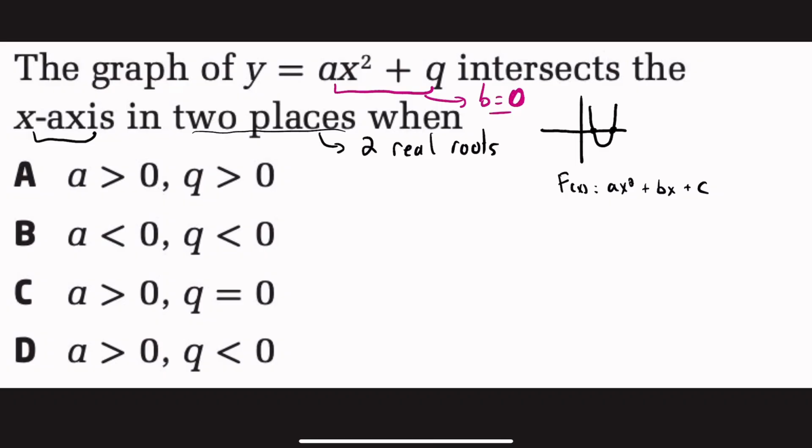That being said, when we want to figure out how many real roots a quadratic function has, we have to calculate something called the discriminant, which is the part in the quadratic formula that goes under the root. And this formula over here, which is the discriminant formula, has some guidelines based on whatever the calculated value is.